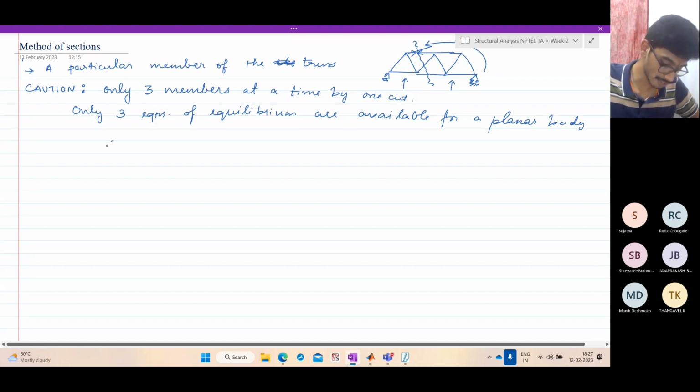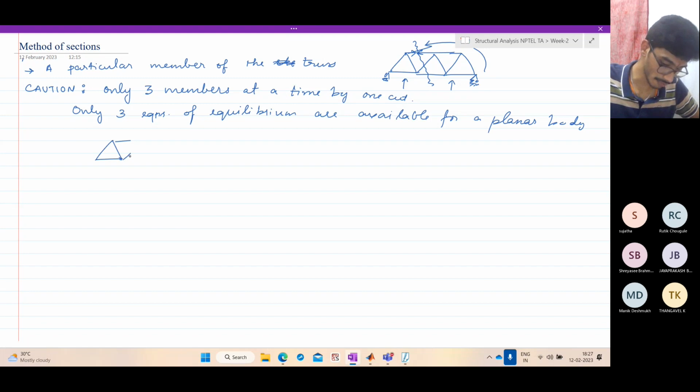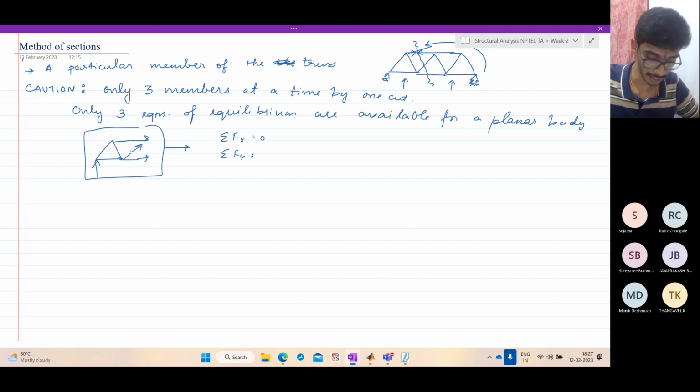You're taking this cut portion of the truss, which is incomplete like this, and which has certain unknown forces. And for this body, you are enforcing the equilibrium. So here you have the three equations: sigma Fx equal to 0, sigma Fy equal to 0, and sigma M equal to 0. So you have three equations, so you can have at most three unknowns, which are these three forces.